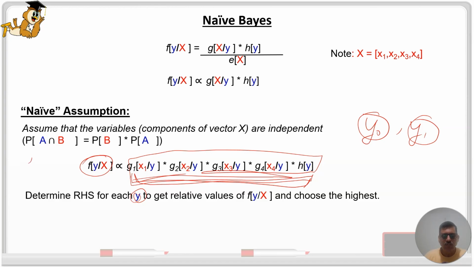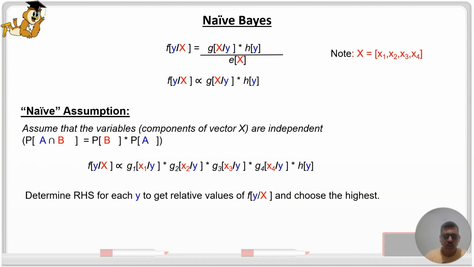So if f of y0 given x was greater than f of y1 given x, you would decide that this input should classify to the set y0. That is what you are going to do.